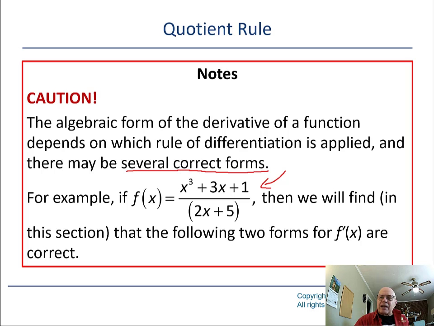If what's in the back of the book doesn't look exactly the same, that doesn't necessarily mean you're wrong. What you might need to do is check and see if you can adjust your answer so it looks like the one in the back of the book, or your partner.